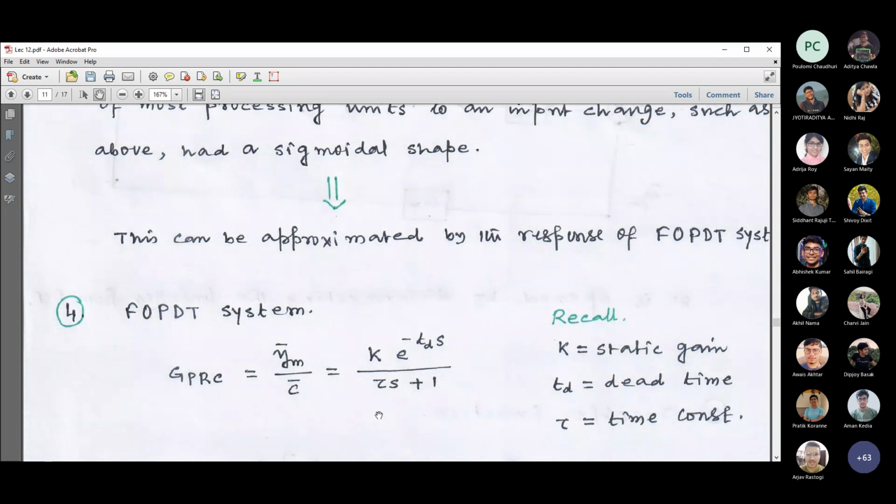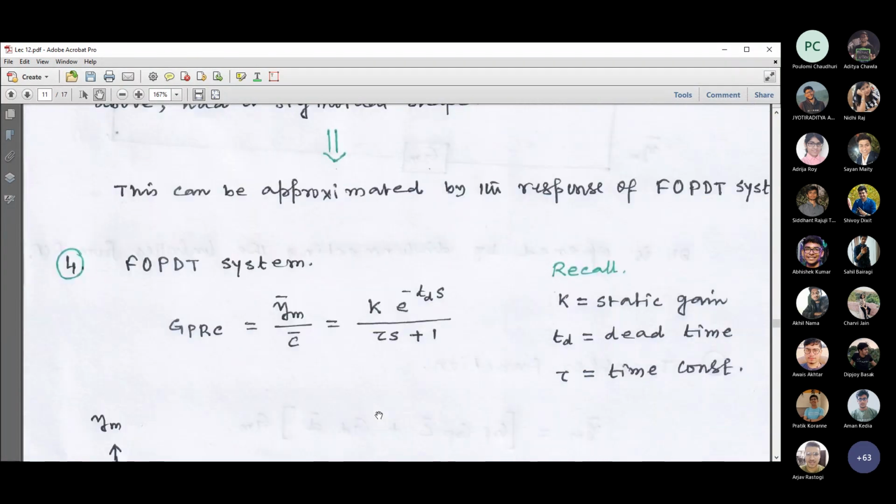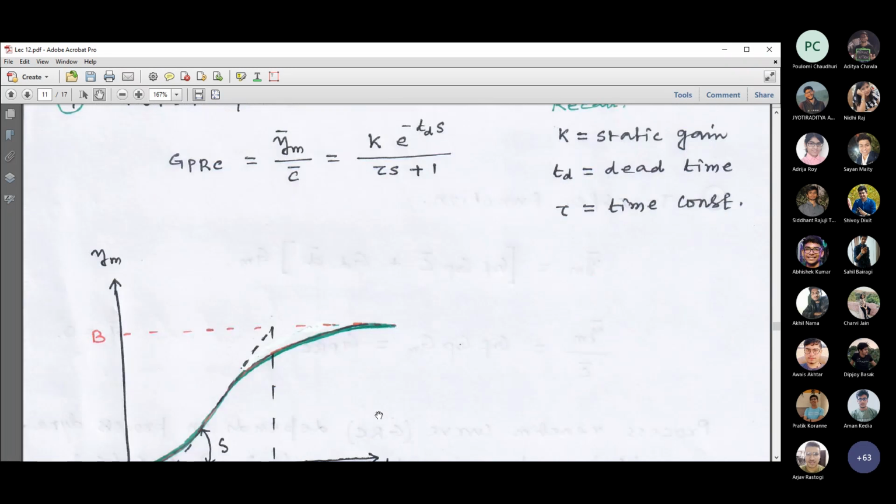In this transfer function, there are three parameters K, TD, and tau, and these three parameters we need to determine. How can we determine them? Let us come to this graphical representation.